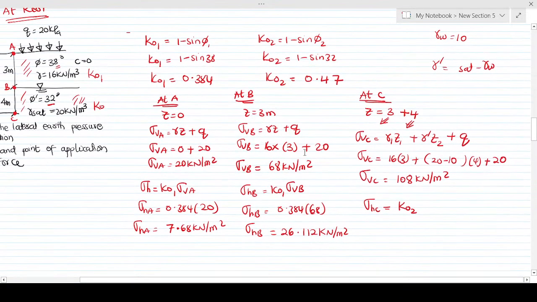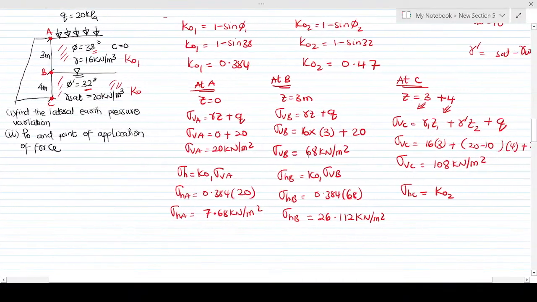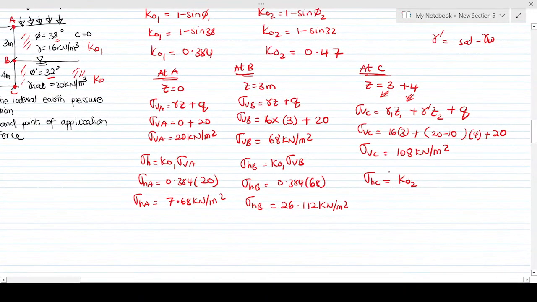So yes, we need K naught 2 in fact. So K naught 2 times the vertical 108, right?